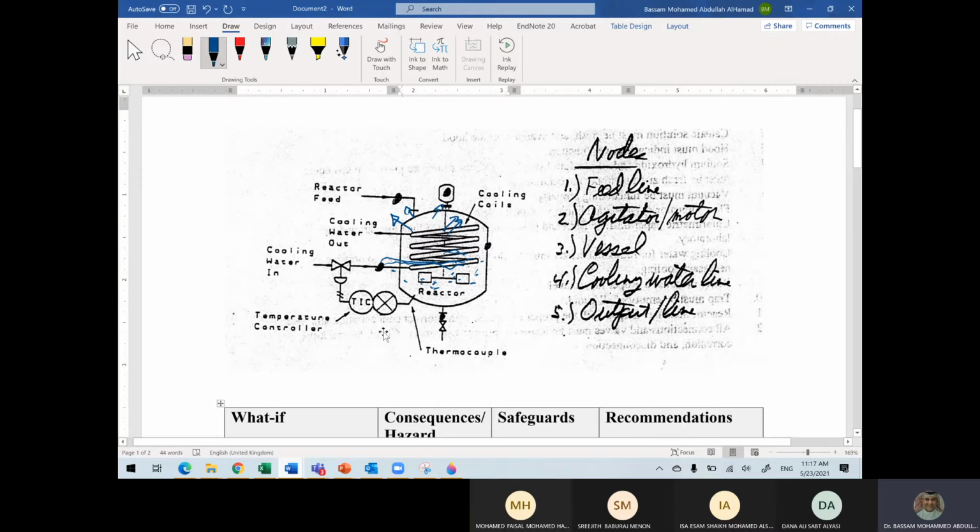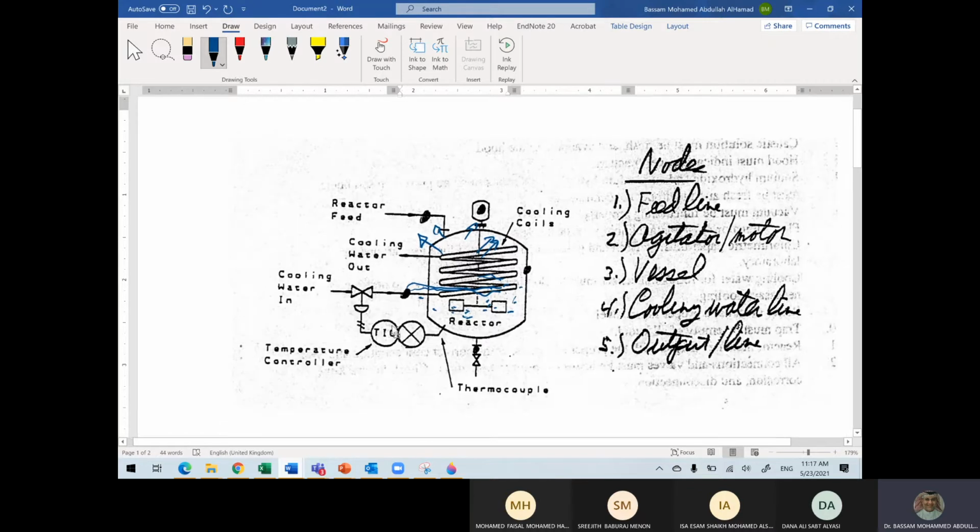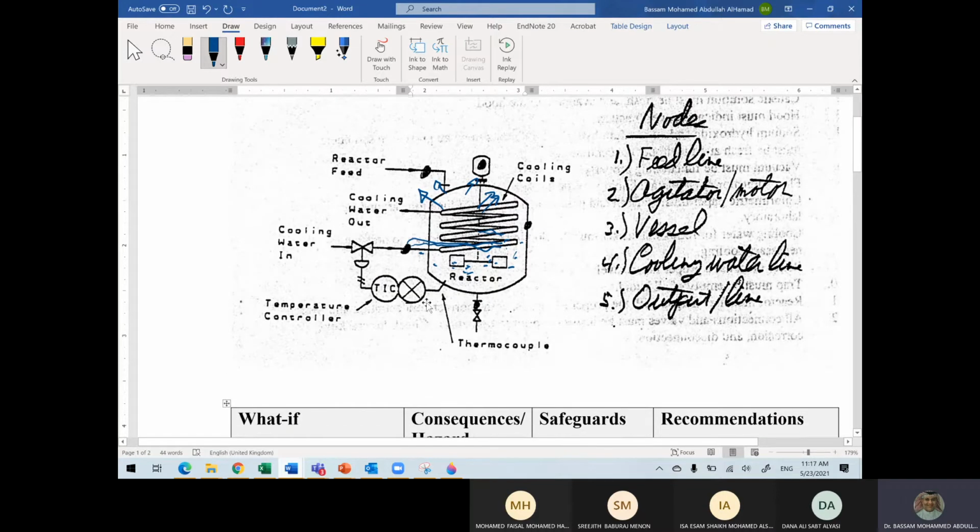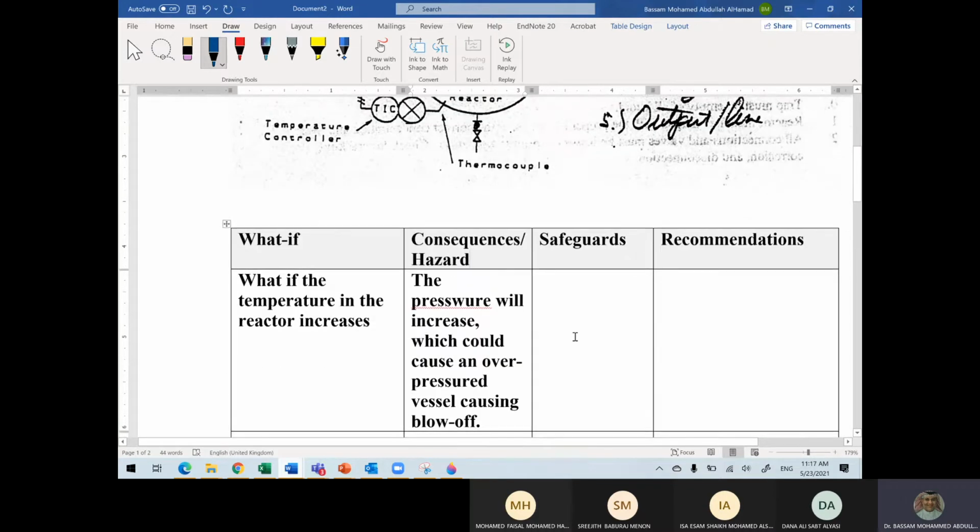I'm going to mention some details now. What is the reason why the temperature went out? Of course, safeguards. There's already a temperature controller, right? If there was no temperature controller, you're going to say a temperature controller must be added.